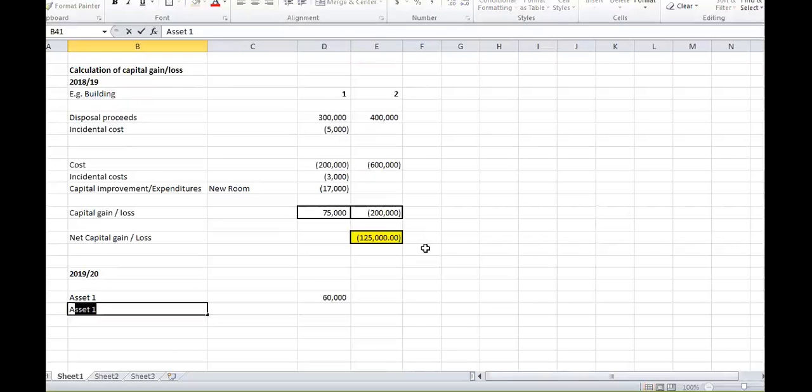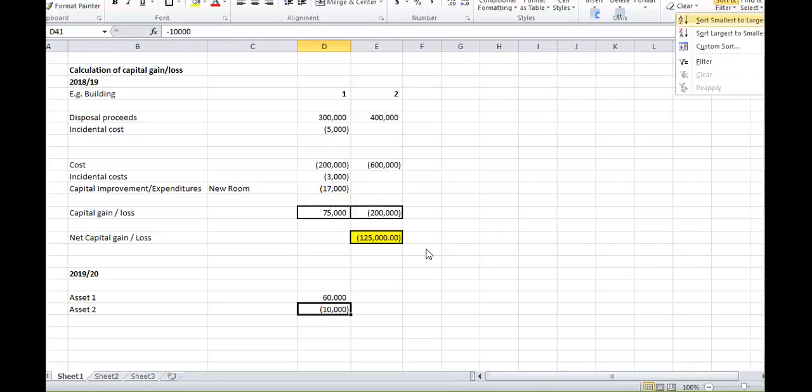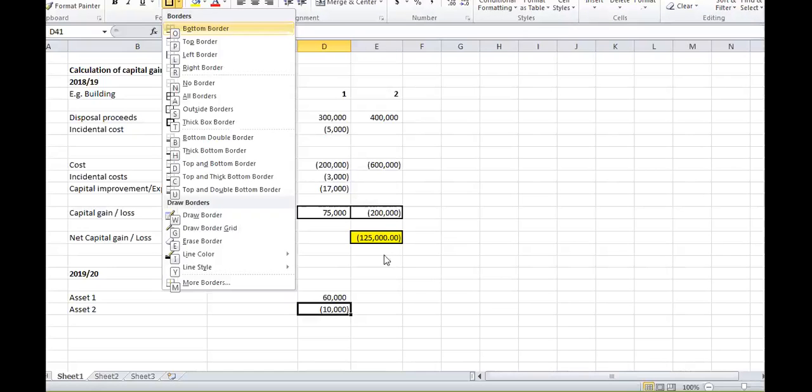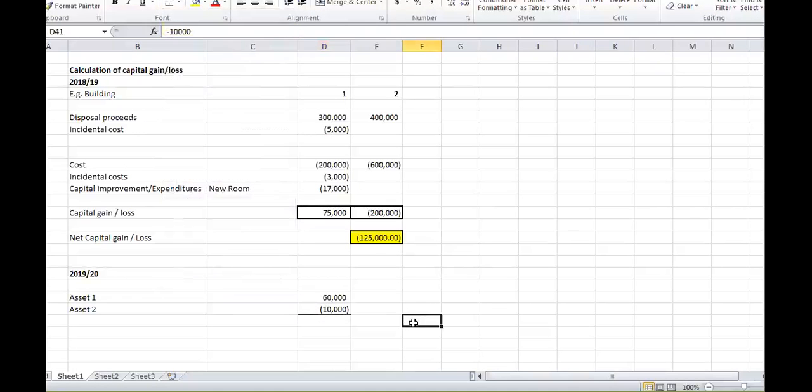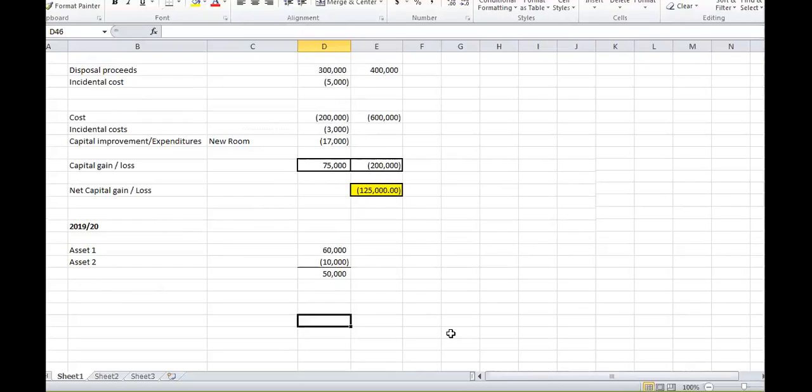In 2019-20, we have sold another asset, asset 2, and we have maybe a loss of, say, £10,000. Now you can see we have a net gain of £50,000 in the 2019-20 tax year.